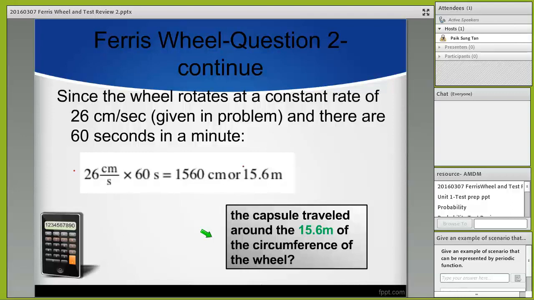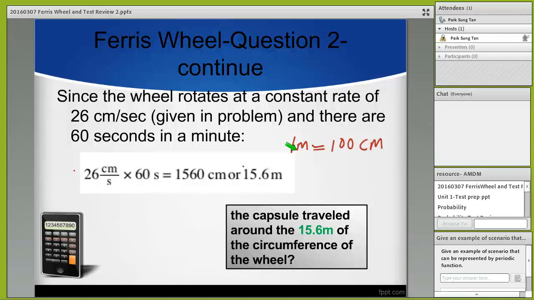When you convert centimeter to meter, 1 meter is equal to 100 centimeters. So given that, 1,560 centimeters becomes 15.6 meters.